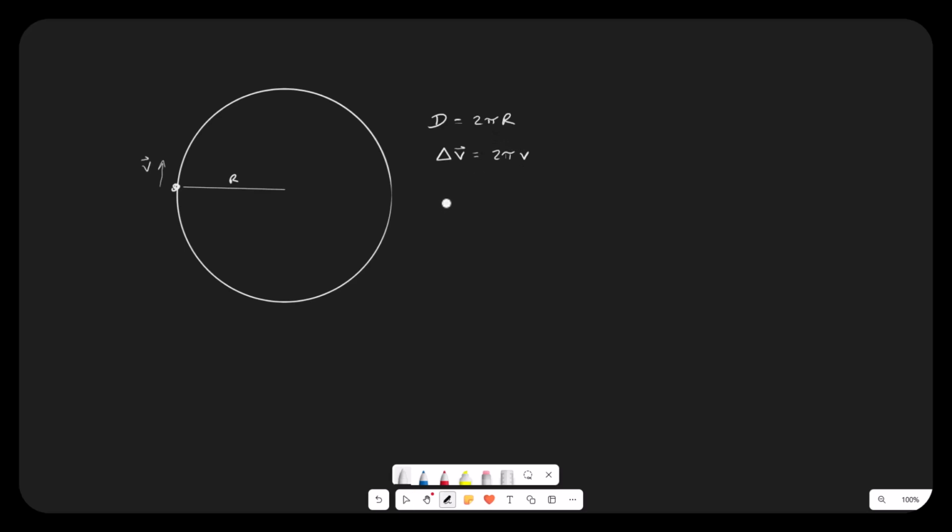If I then look at acceleration as being a change in velocity over a change in time, my distance and my velocity are going to work out. I don't want to derive it.